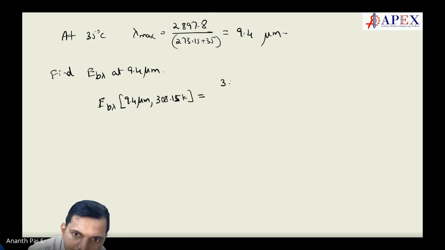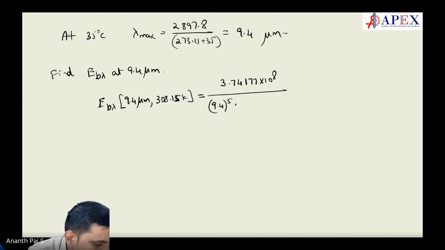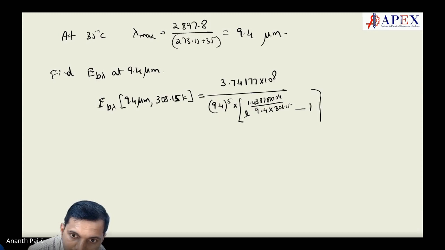C1 is 3.74177 into 10 power 8 divided by 9.4 raised to 5 into e power 1.43878 into 10 power 4 divided by 9.4 into 308.15, minus 1. Tell me what is the answer.